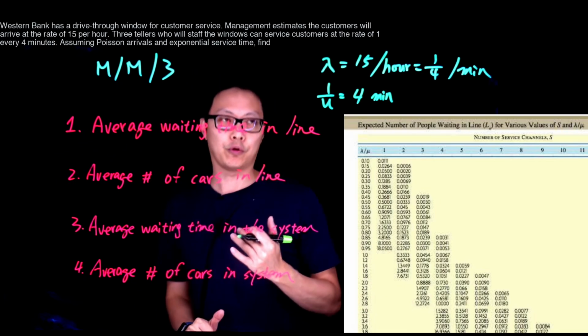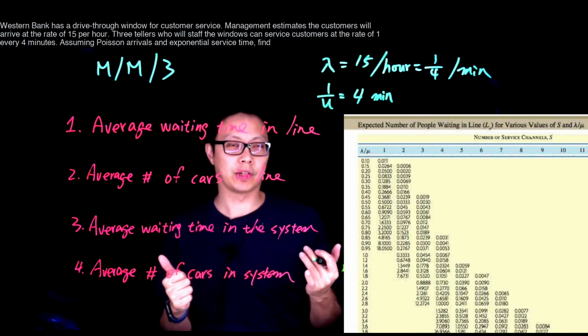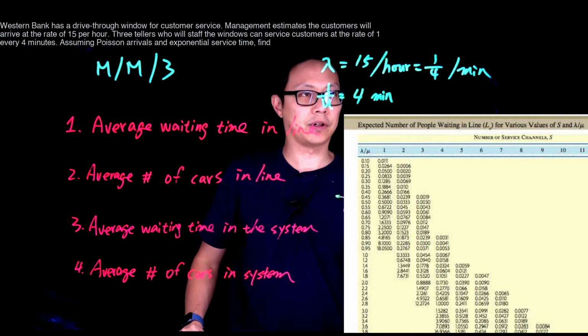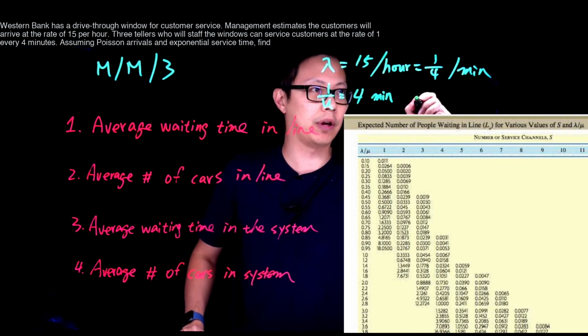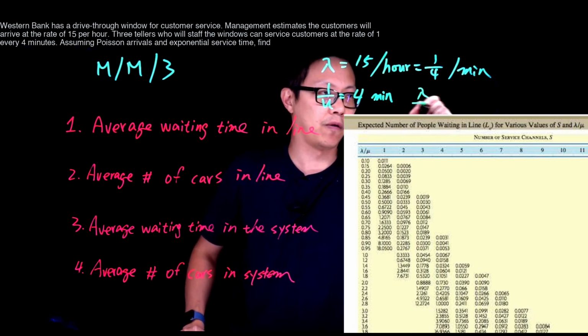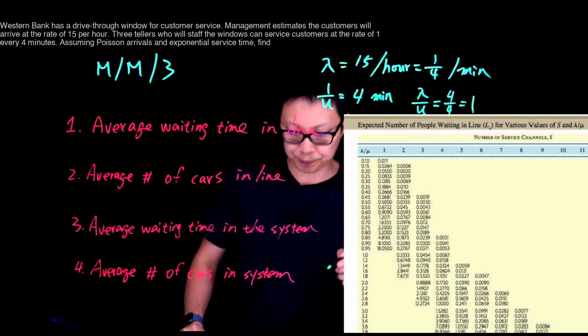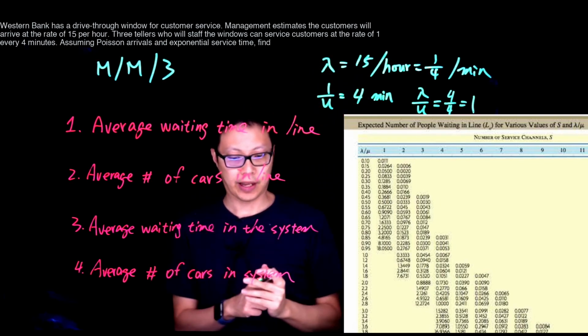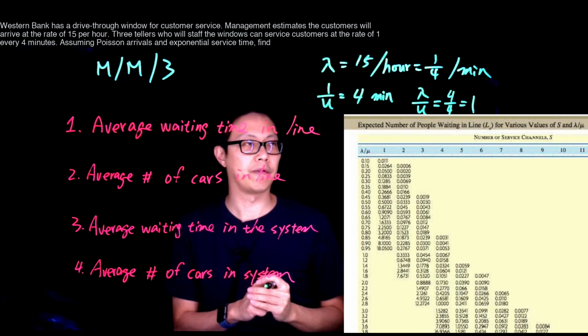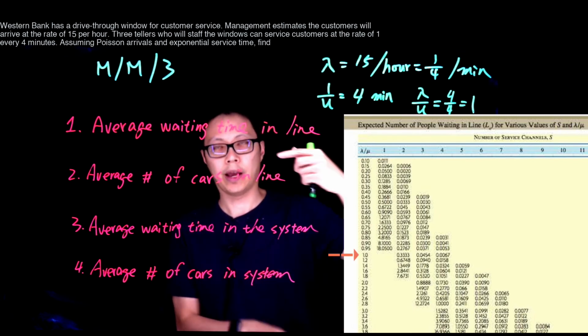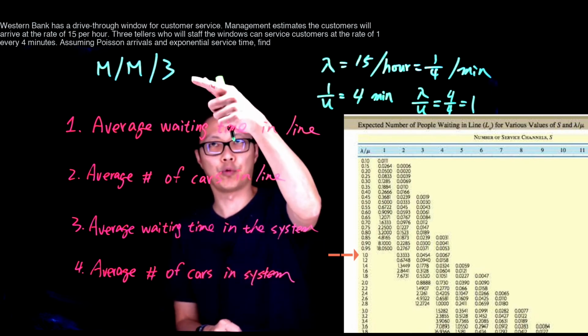And in order to solve this type of problem, we can use the table provided in the textbook. So in order to do that, the first thing we want to do is to calculate lambda over mu. In this case, it will be equal to 4 divided by 4, which is equal to 1. Then in the table, you can look at the value where lambda over mu is equal to 1 and the number of servers is equal to 3.